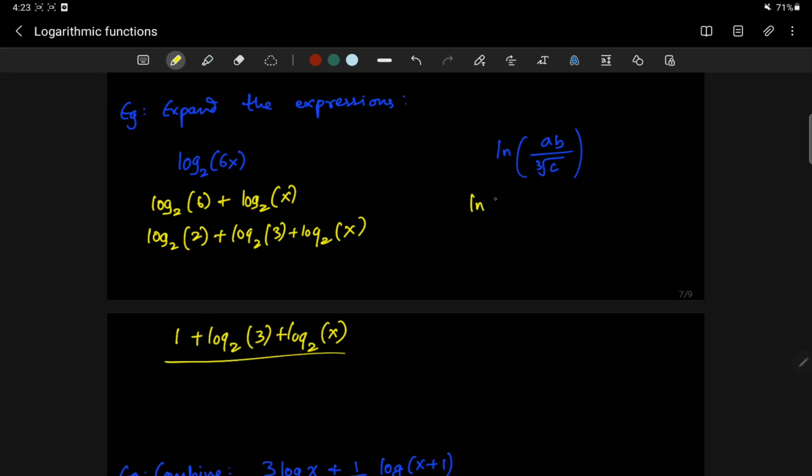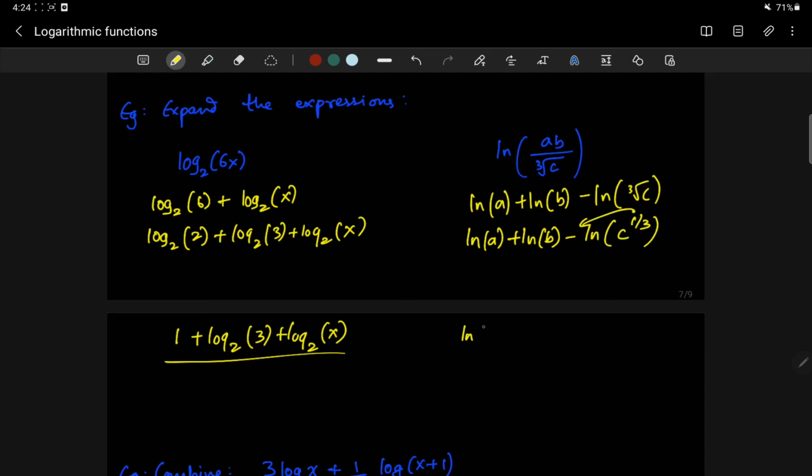This would be ln of a plus ln of b minus ln of the cube root of c, which is log a plus log b minus log c to the 1/3. The 1/3 carries over to get log a plus log b minus 1/3 log c.